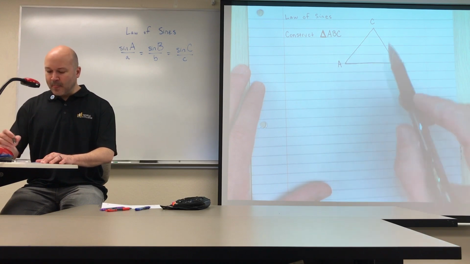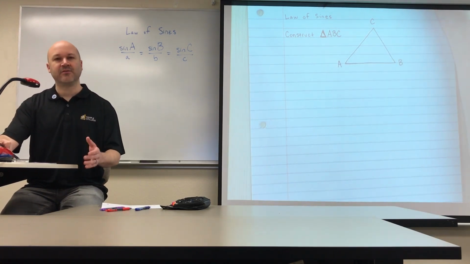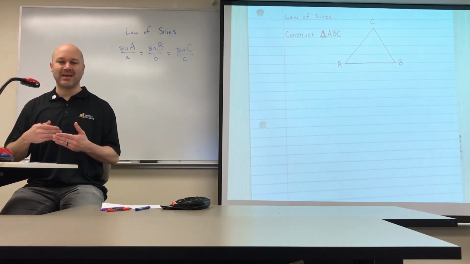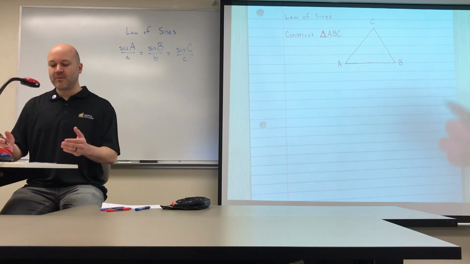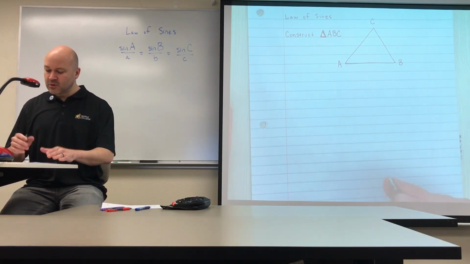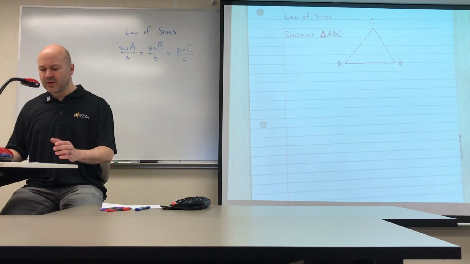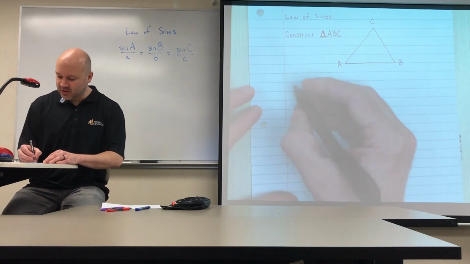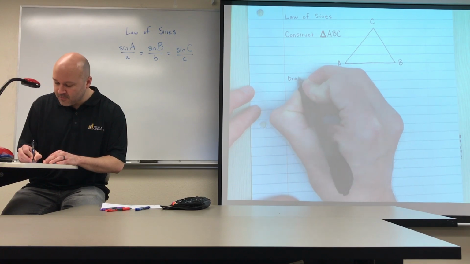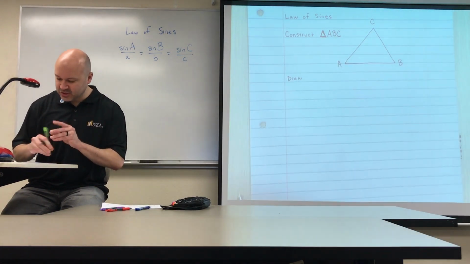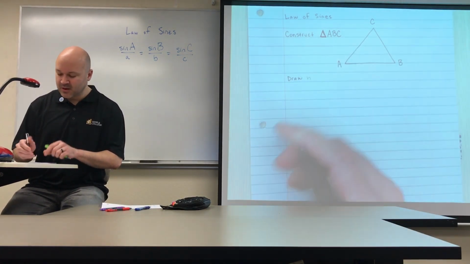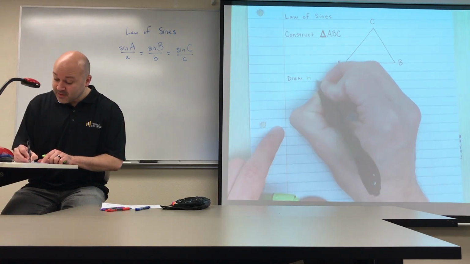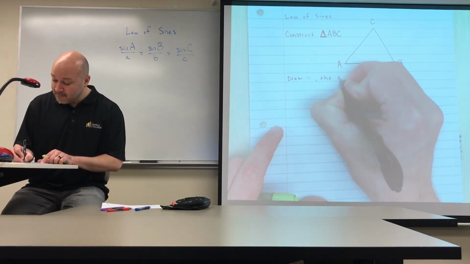And if I want to talk about sine, a trig function, I really need a right angle. So right now I'm not given that. So I think what I'll do is construct the altitude of this triangle. I'm going to draw H, maybe for height, the altitude.